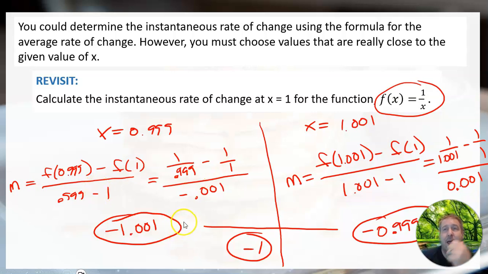So in other words, you're taking a B that happens to be on the left side just barely, and on the right side just barely. And what you notice when you use your calculator to solve these is that you get essentially the same answer. You get something that's a little bit less than negative 1 and something that's a little bit more than negative 1, sorry. And essentially, you're going to notice that these two are approaching a slope of negative 1.